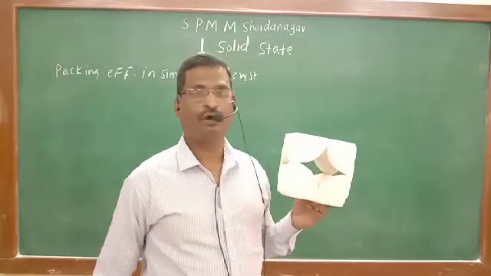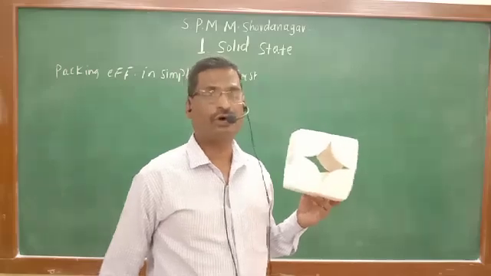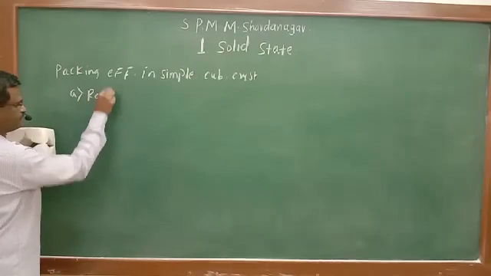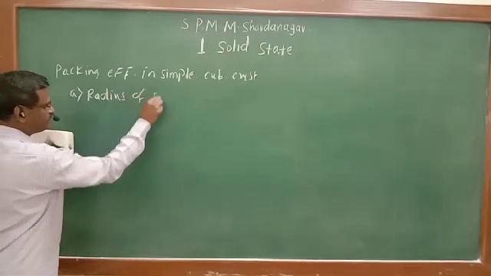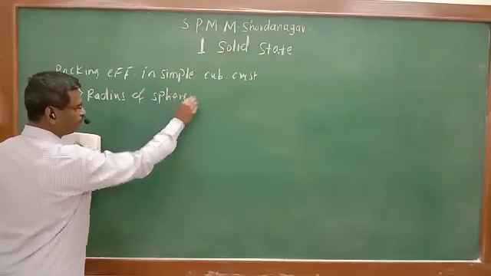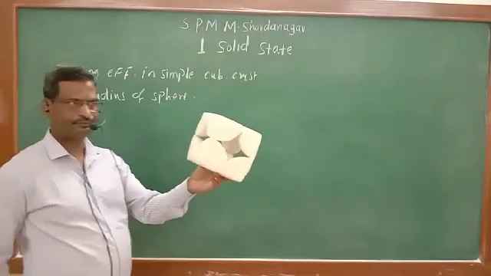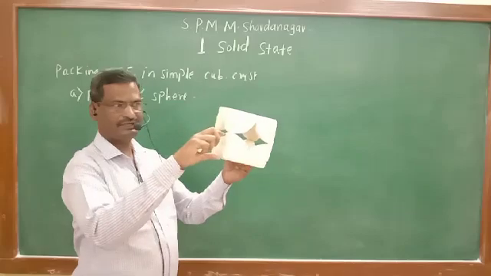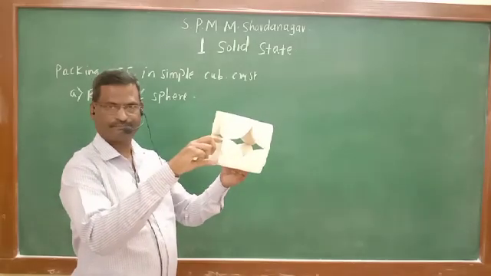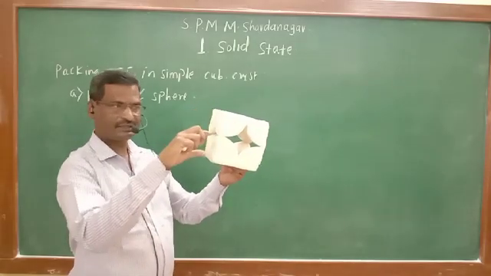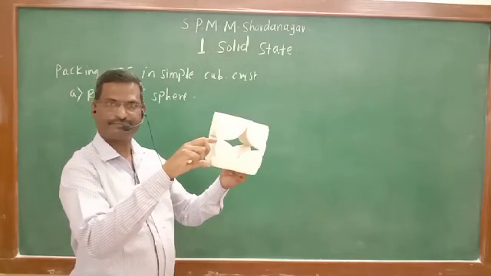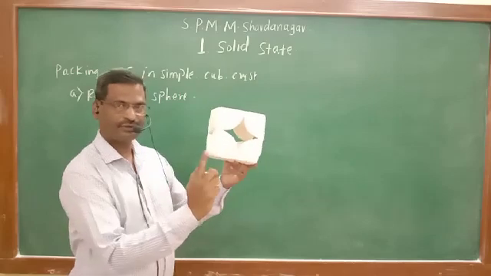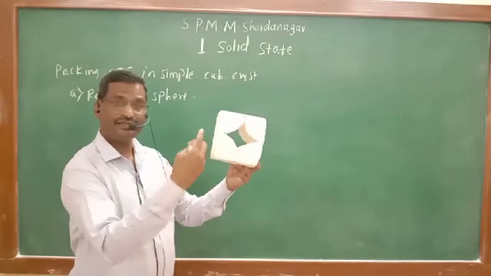Here we have to find out the radius of sphere. That is the first step, to find radius of sphere from this. See, this is 1/8 portion, this is 1/8 portion, this is one radius, this is another radius, and totally it is the length, width and height. All these three are same.